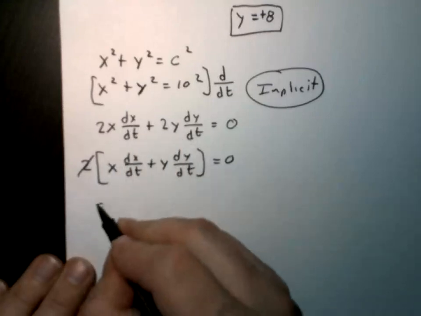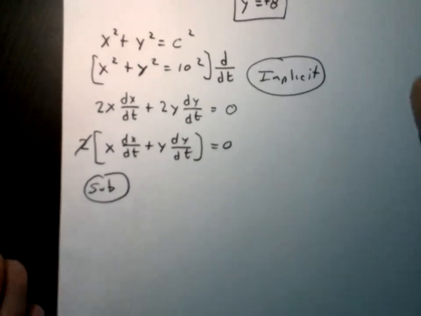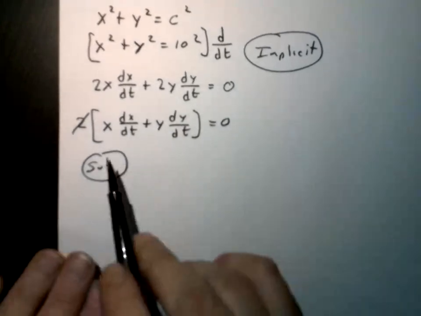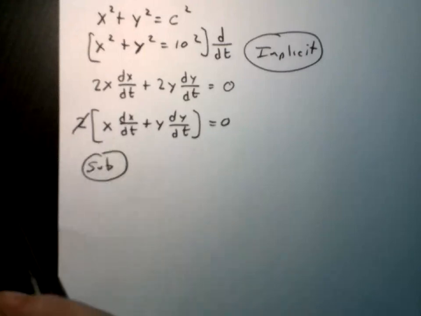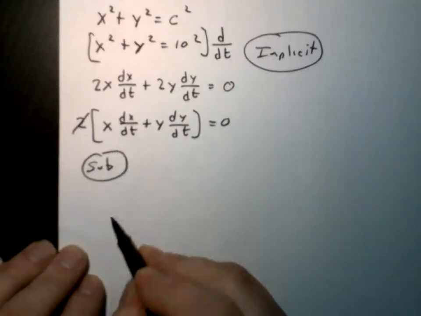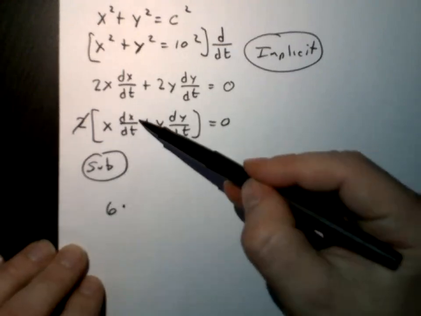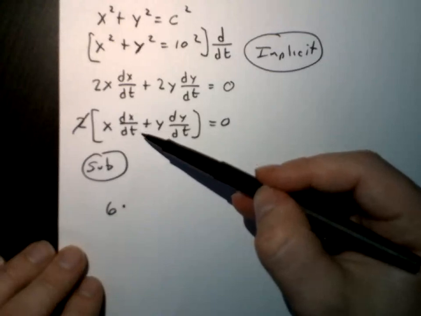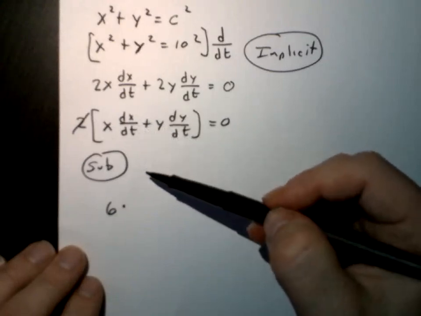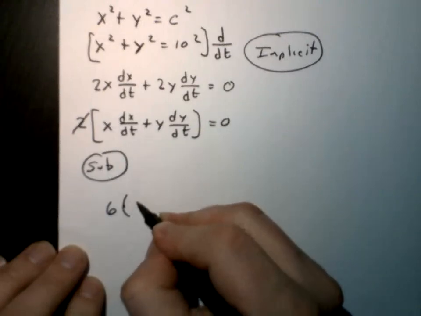Okay, let's substitute what we know first of all. Well, we have an x. Remember, that's at 6 feet. So x is going to be your 6 feet at time t. What is dx over dt? Isn't that the rate of the ladder slipping?